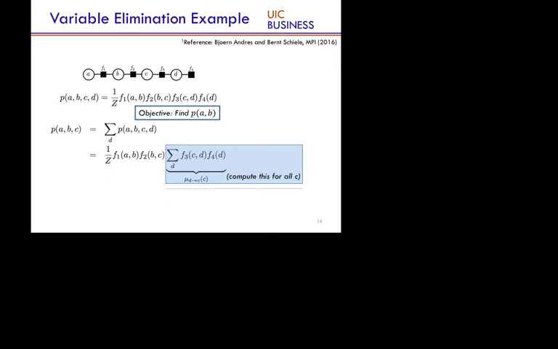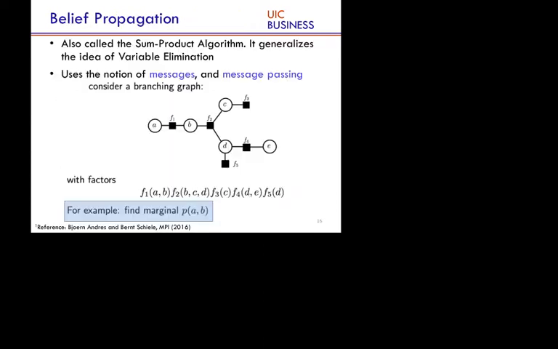And then we could still proceed, right? So there are 2 choices here. First sum over d to get the intermediate function, which is shown here, and then sum over c, so this is just substituted here, and the next step would be to sum over c. We could have done it the other way around, and it's not clear how to choose one or the other, and so that's where we stopped with variable elimination and started looking at a more general version of variable elimination called belief propagation.